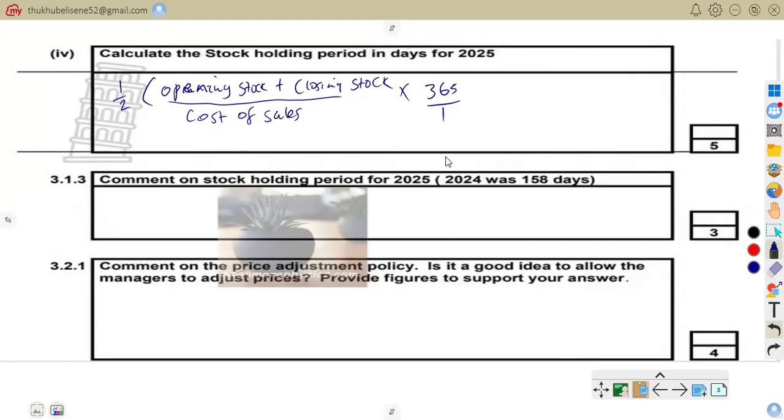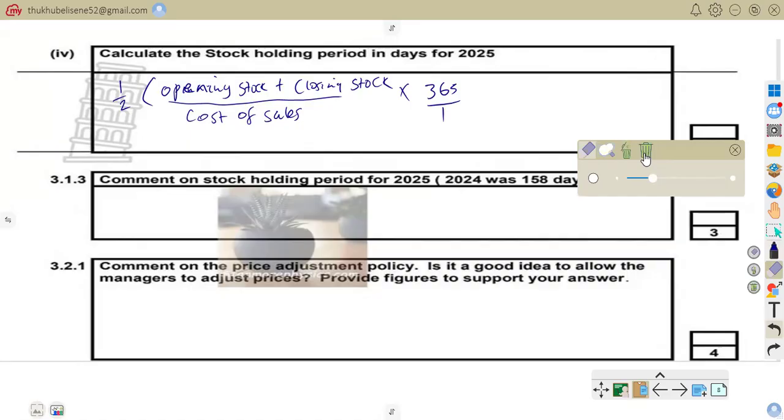So that is how we are going to calculate this. Make sure that you understand this formula. It's very, very important. So go through it and understand it.